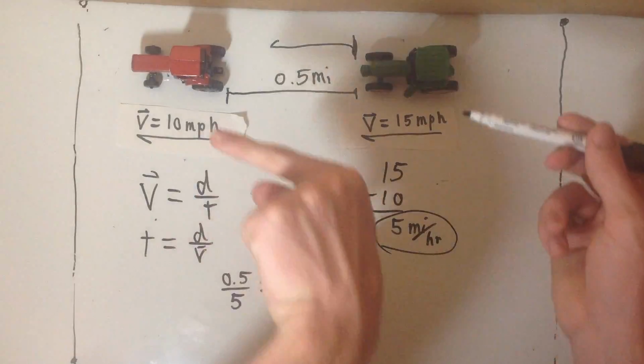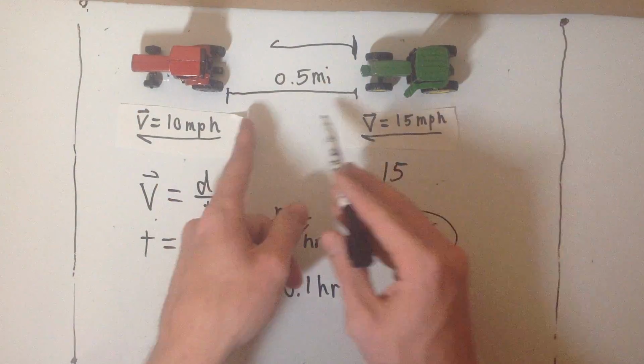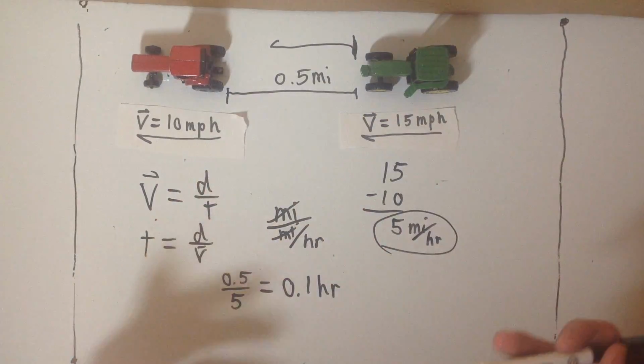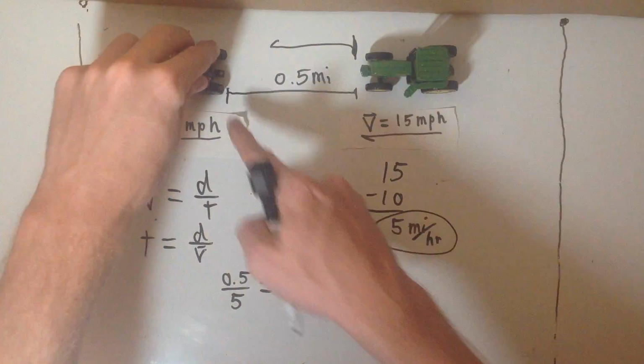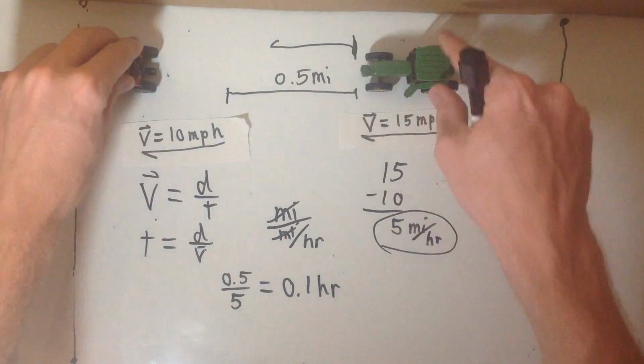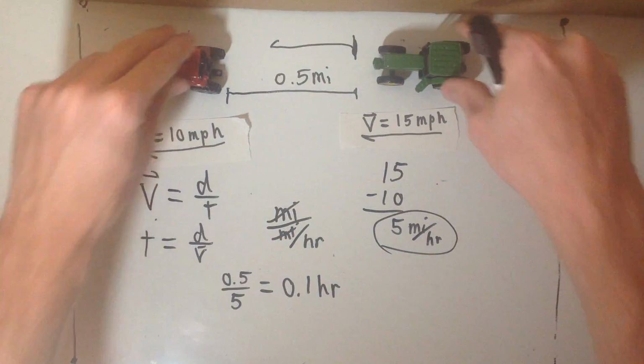Since both tractors are moving in the same direction, it's going to be greater than 0.5 miles, just intuitively, because they'll both be moving. This guy's going to be long gone before this guy collides into him.